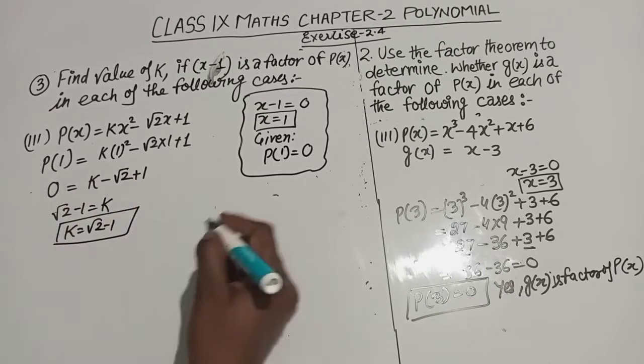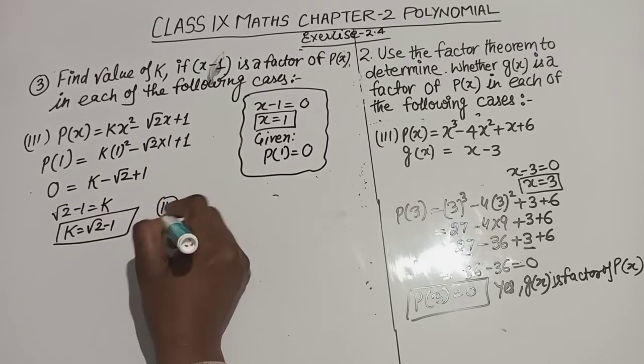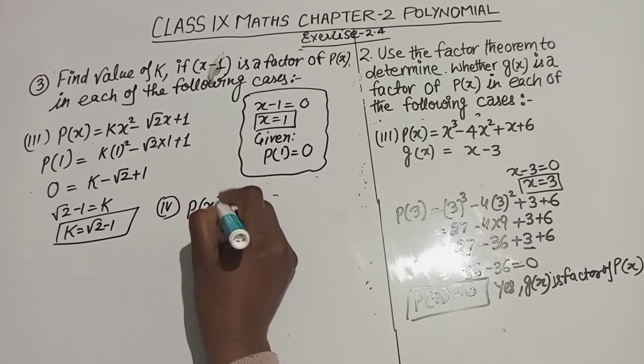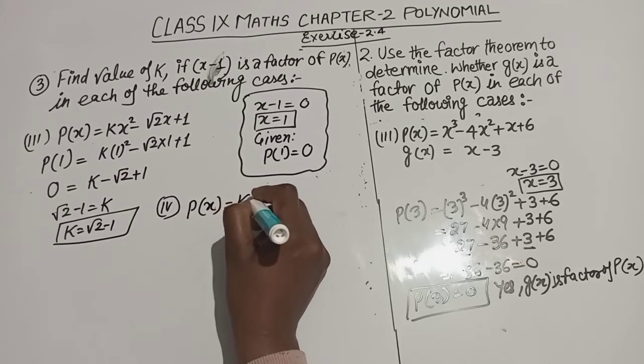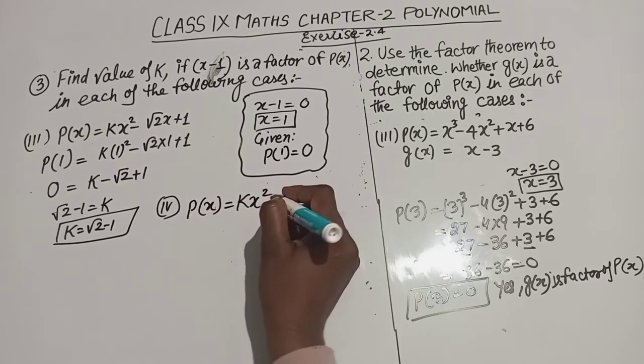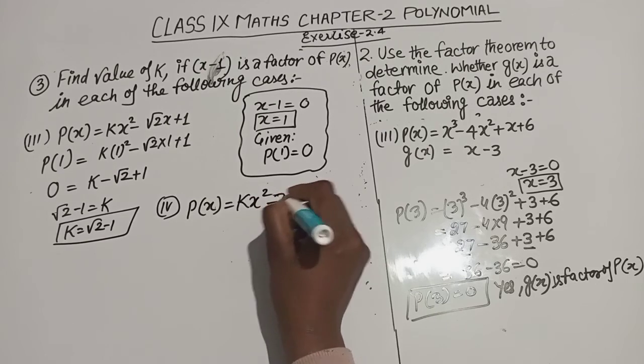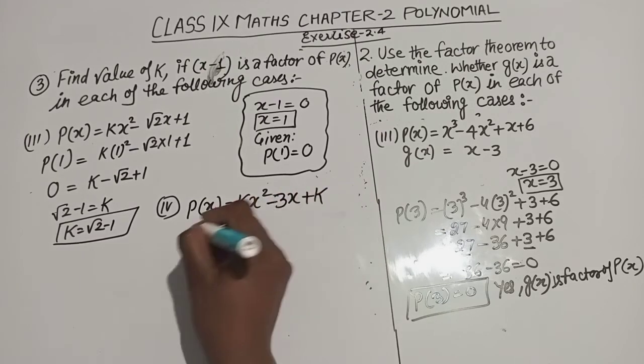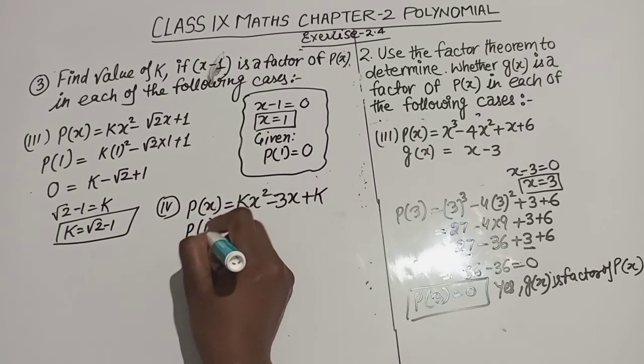Okay, so the fourth one, px is equal to kx squared minus 3x plus k. Put the value of x as 1.